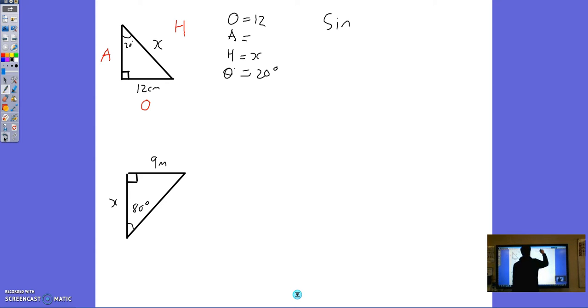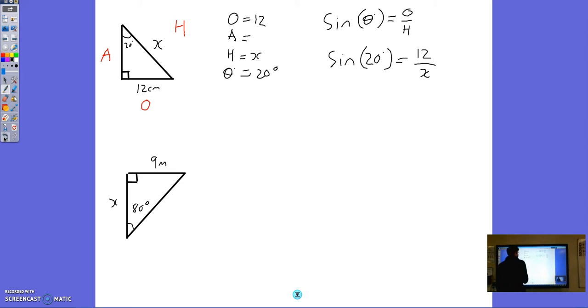So sine of theta is equal to opposite over hypotenuse. Sine of 20 degrees is equal to opposite of 12 over the hypotenuse of x. And you'll see right now that we have x as a denominator, which was not covered in the last video. The 2 steps we need are to multiply by x, which will give us x times sine 20 degrees is equal to 12.